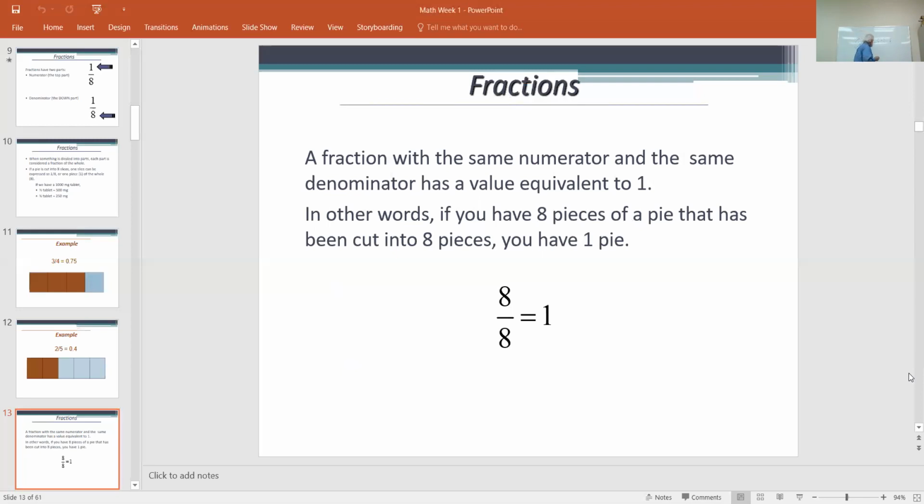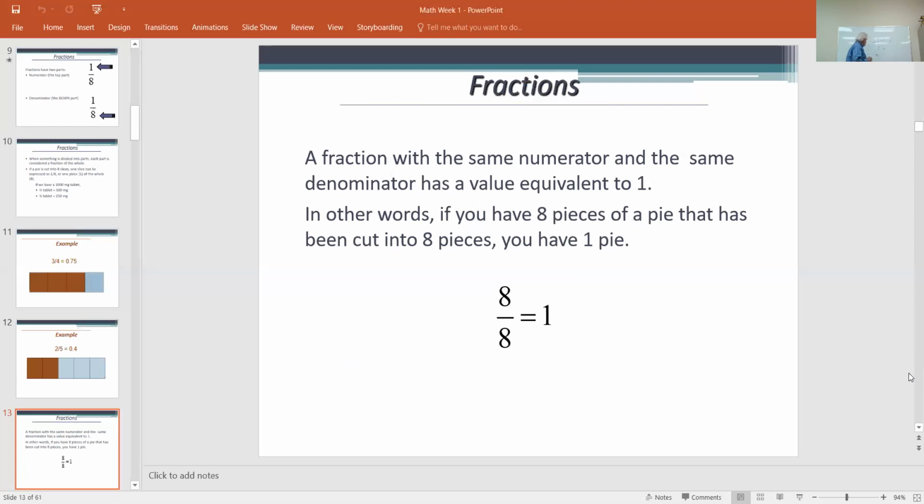If the denominators are not equal, 2/5 plus 5/8, we have to find a way to make them equal. One way to make them equal is to find what we call the common denominator. What's the way to find a common denominator? Well, multiply the 2 denominators together. That's one way. If we multiply 5 times 8, we get 40.